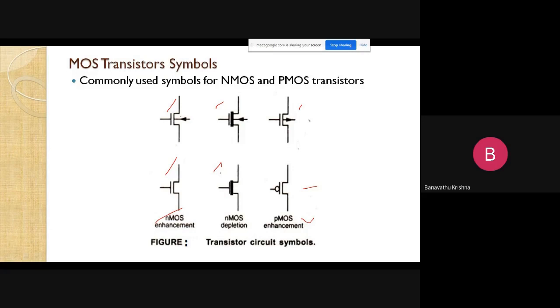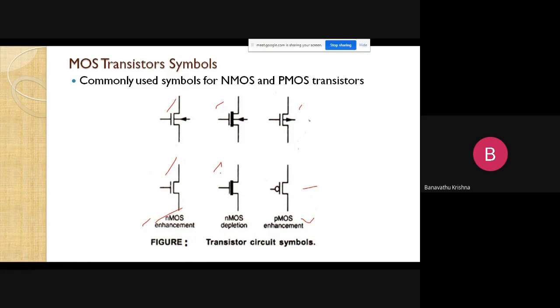Here there is no channel, that's why it is called NMOS enhancement mode. The thick bar represents that the channel is available, meaning the device is in depletion mode. But where there is no thick bar, the device is enhancement mode, with no channel.